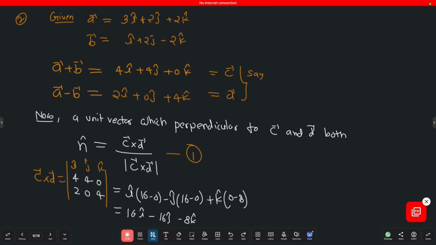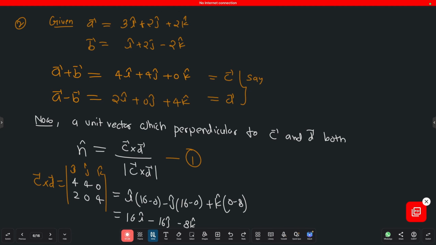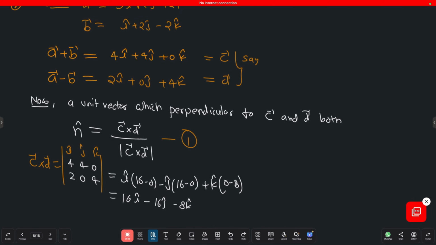But I need C cross D magnitude also. I need C cross D mod also. Okay.